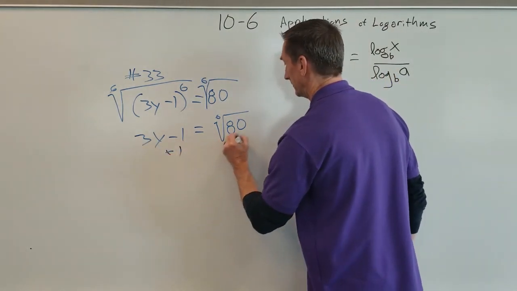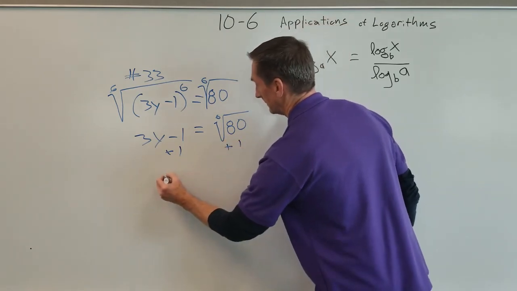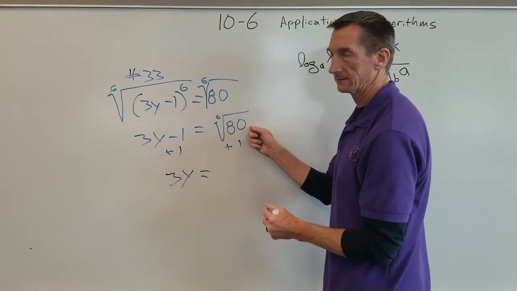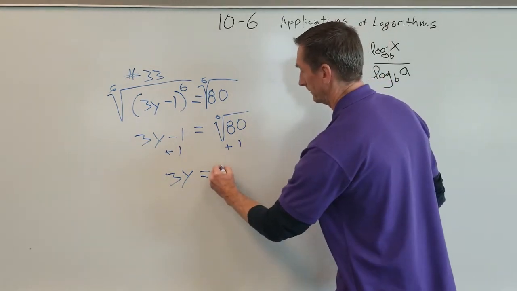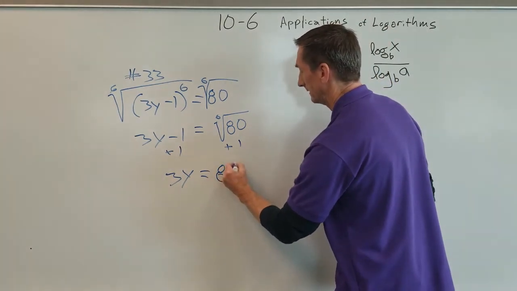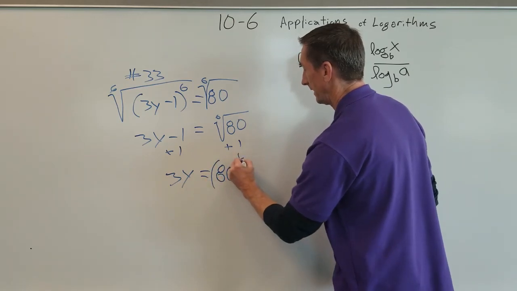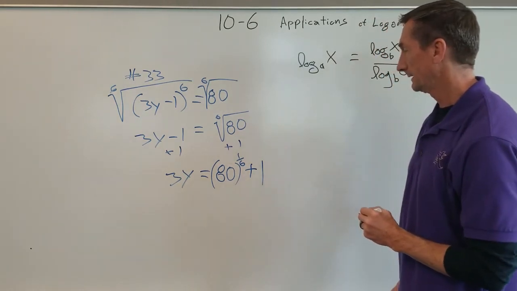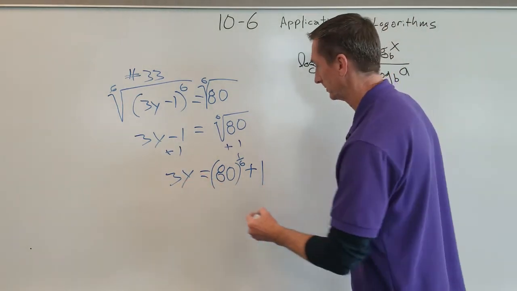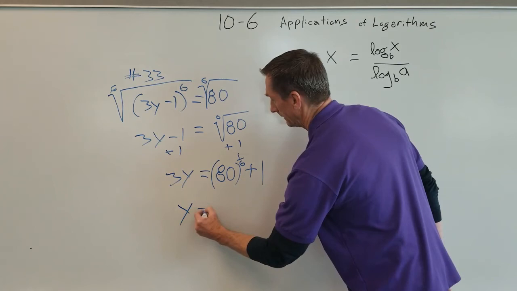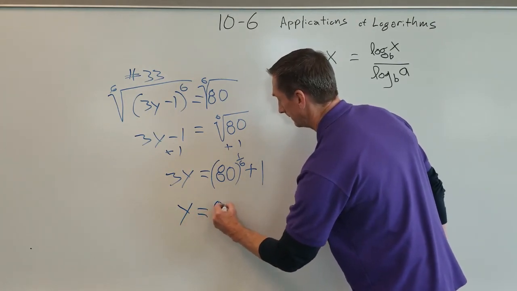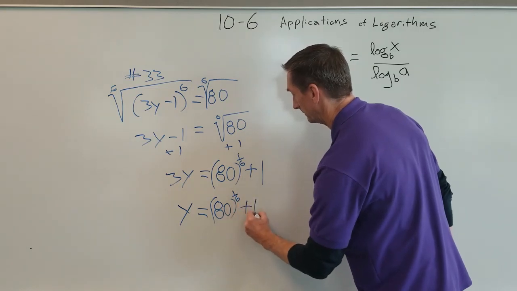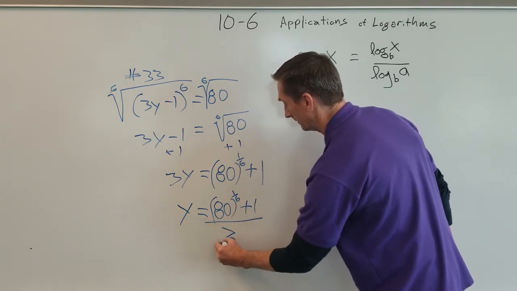This gives me 3y is equal to, I'm going to go ahead and write this in exponent form, 80 to the 1/6 power plus 1. Now I'm just dividing by 3 and I'm pretty much done here. y is equal to (80 to the 1/6 power plus 1) divided by 3.